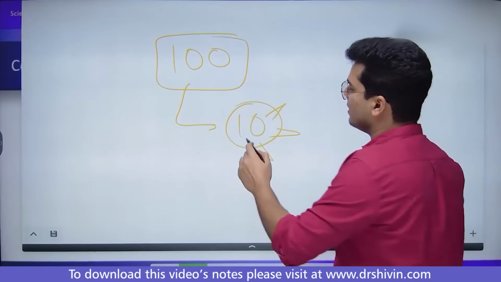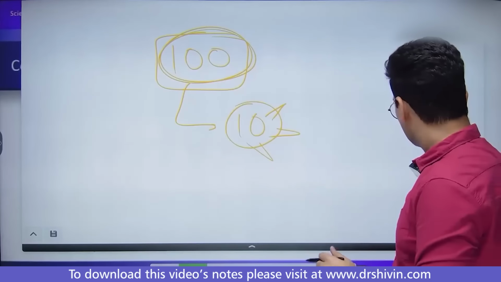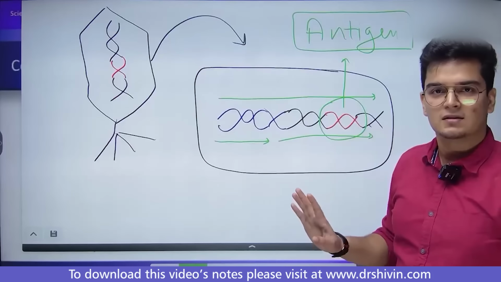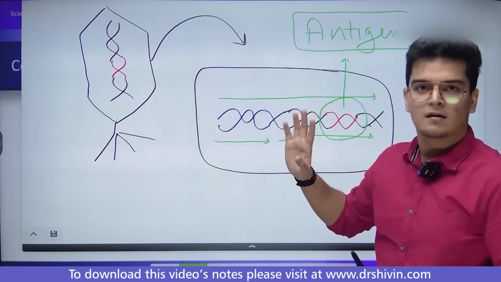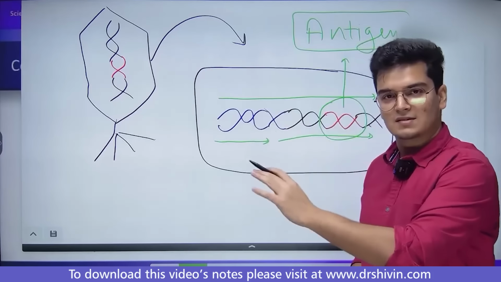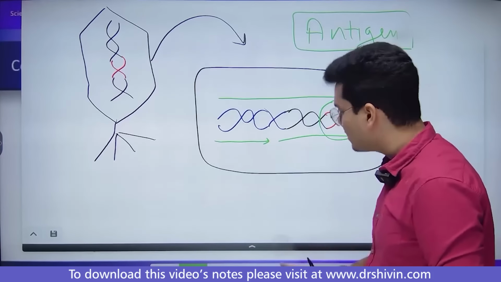Autoimmunity will happen when my B cell starts to target all 100. Here it will only target those that have been infected by this adenovirus. So I have used recombination, I have used a vector, and I have formed a vaccine. This is a recombinant vector vaccine using DNA. Okay, so I hope the process is clear to you.